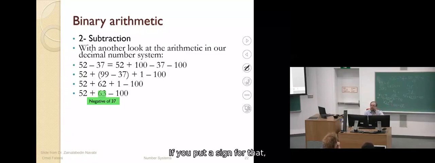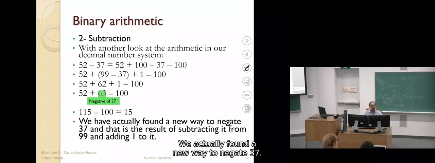If you put a sign for that, that's the negative of 37. We actually found a new way to negate 37. We complement it and then add 1 to it.